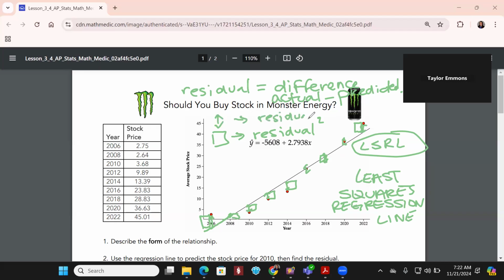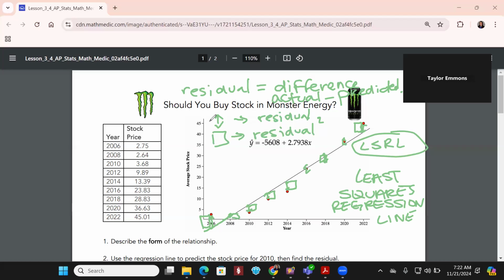So when we draw the box, that's the squared part. When we just draw the arrows, that's the residual. Just like what Mo was saying, we have actual minus predicted. Residual is the little arrows, the difference between the line and the dot. The residual squared is when we draw the box.